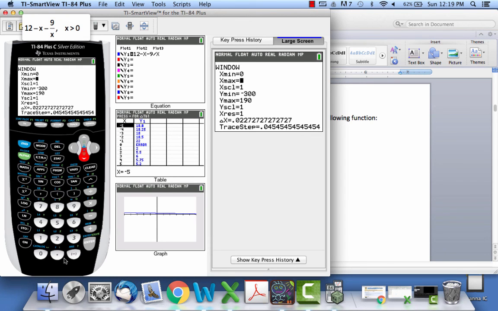I'll make my max just something very large. Or not terribly large. I just need to get on the other side of 3. I'll try 10.